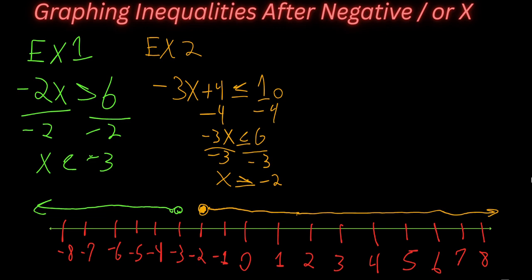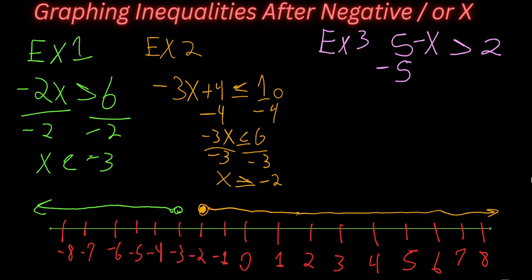All right, so you're seeing there's a process there. So let's do example 3. This one is 5 minus x is greater than 2. How do we approach this one? Well, we're going to solve first.